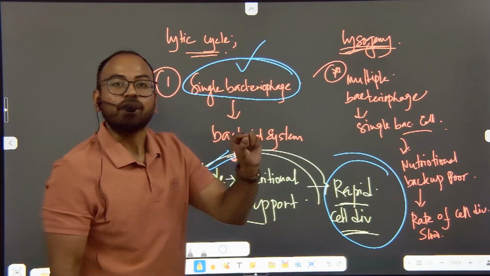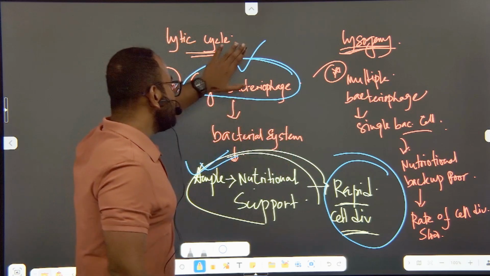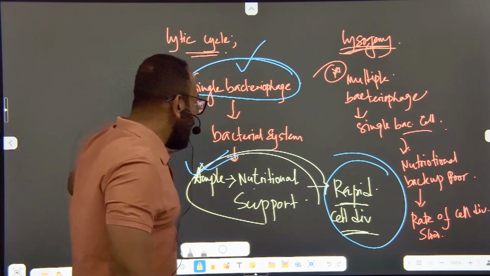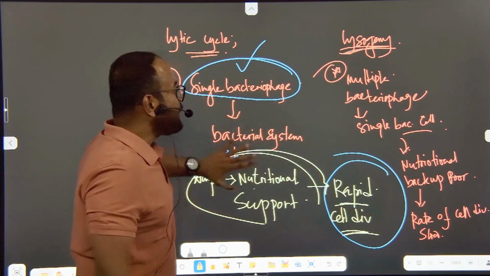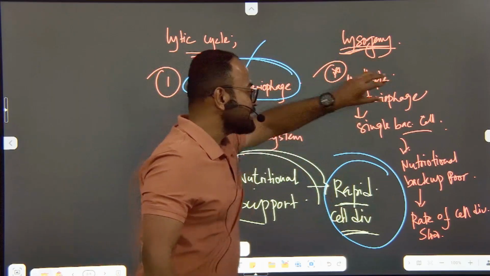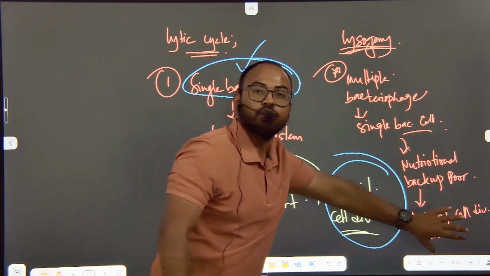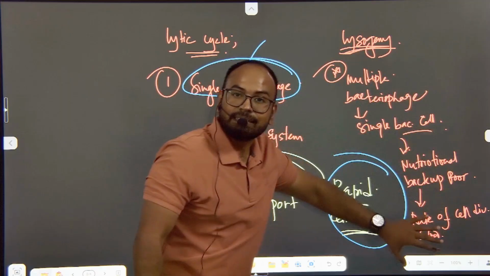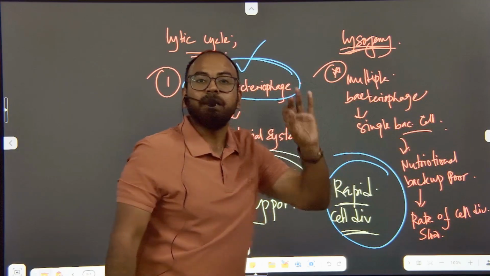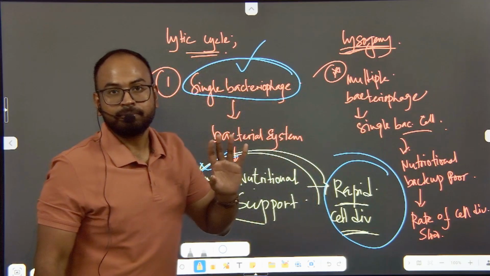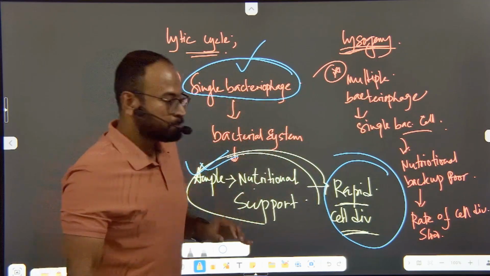So for a lytic cycle: single bacteriophage, one bacterial system, ample nutritional support, and rapid cell division. For lysogeny: multiple bacteriophage, single bacterial cell, poor nutritional setup, and slower rate of cell division. If these are the cases, then that will lead to lysogeny. The ultimate purpose is to survive. All of you must note it down.